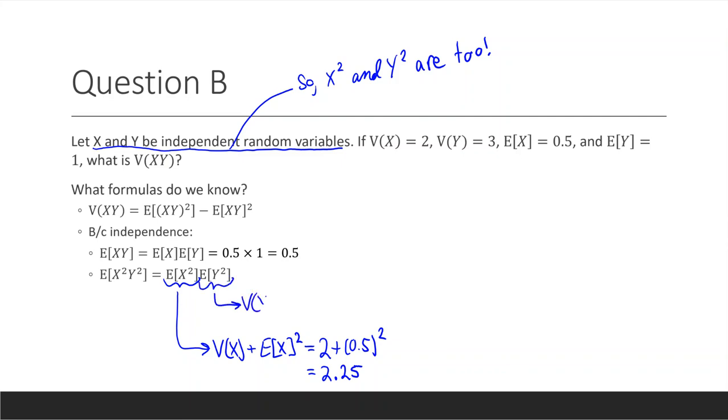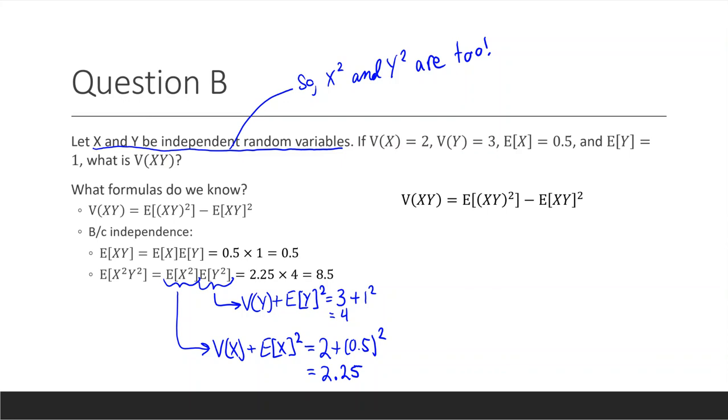And similarly, the expected value of y squared is 4. Multiplying those two numbers together, we get that the expected value of x squared times y squared is 8.5. All right, so we have enough information to talk about the variance of x times y.